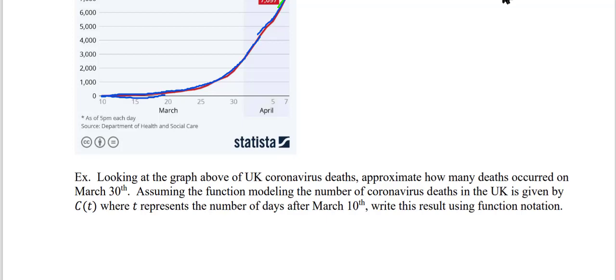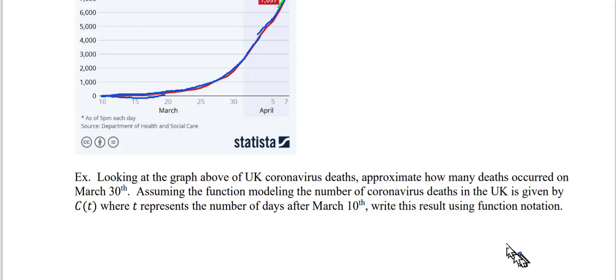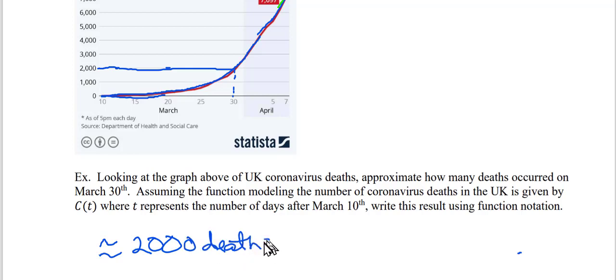Here, just a quick question for you. Looking at the graph above, the UK coronavirus deaths, approximate how many deaths occurred on March 30th. So we're looking here, going up here. It appears to be about, if you go over, about 2,000. Approximately 2,000 deaths on March 30th. Okay.